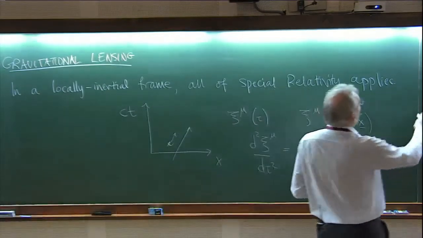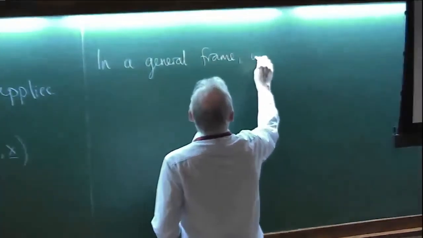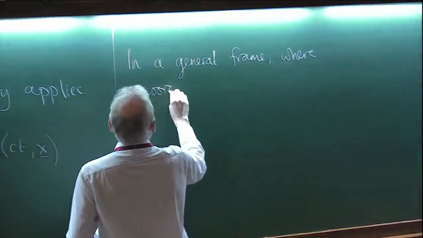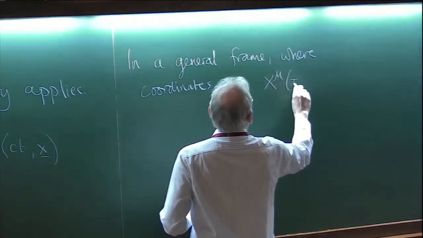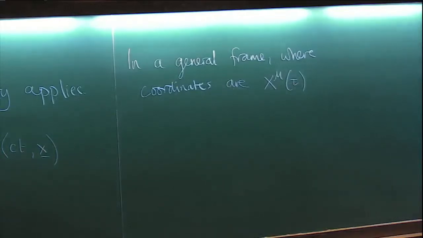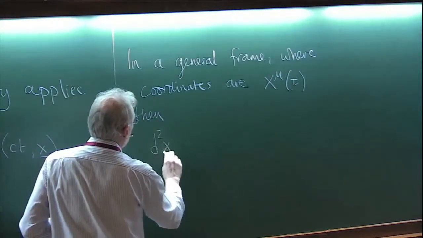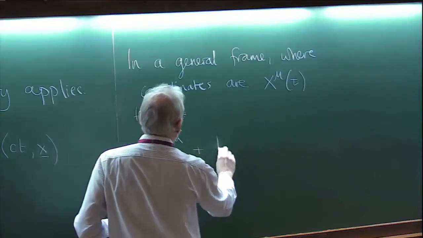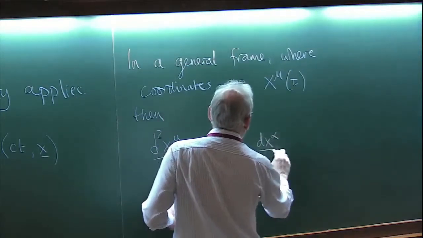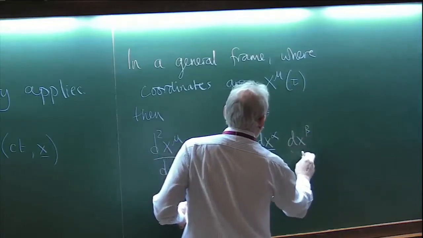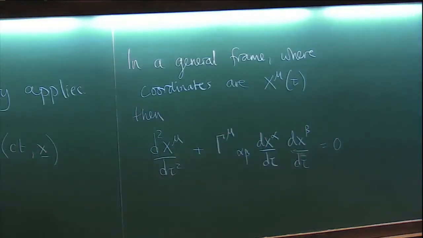If we transform this to a more general frame where we have some more general coordinates, say x mu is a function of tau for a massive particle, then we get the famous geodesic equation, which I guess you've all seen before.